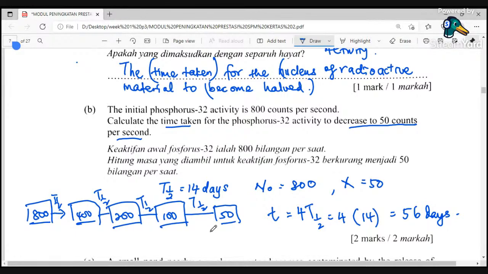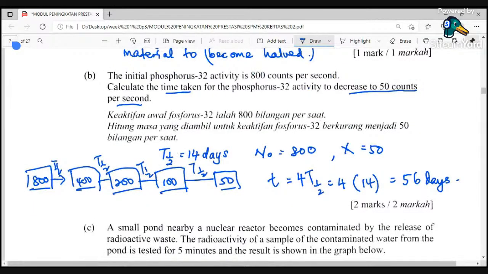Okay, ada formula lain? Okay, kita boleh gunakan cara ini juga.